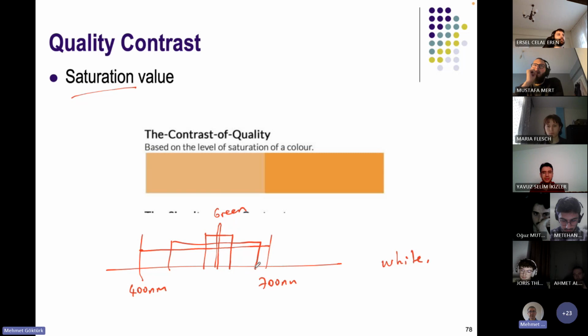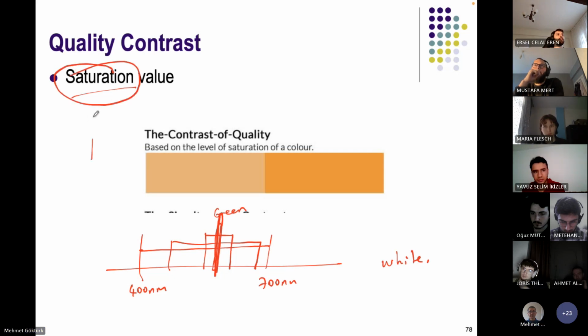Other frequencies are present, but not much dominant frequency. So as you get concentrated on a certain frequency, your saturation goes up. So it's more saturated and focuses on a single dominant frequency at one point.